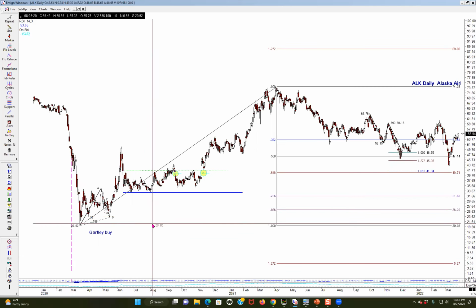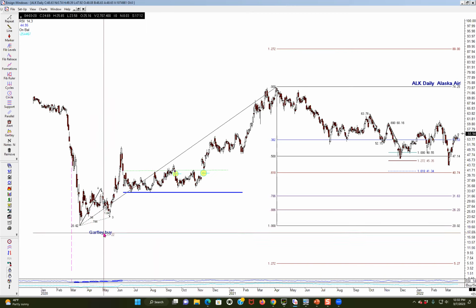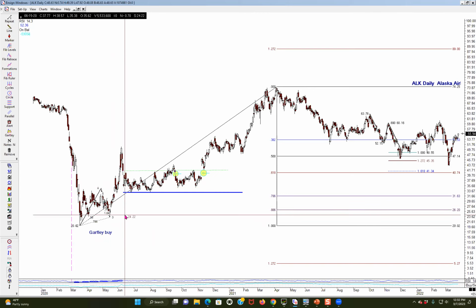This pattern was actually explained in H.M. Gartley's classic book, Profits in the Stock Market, from 1935. He never named this Gartley. He never used the word Gartley on this pattern. That was Larry Pesavento, who named the pattern many years later from studying Gartley's work.